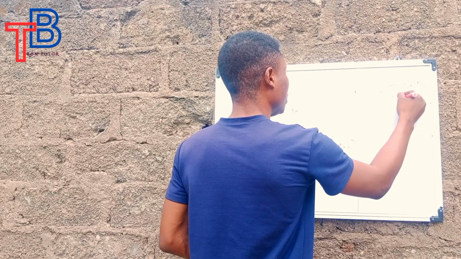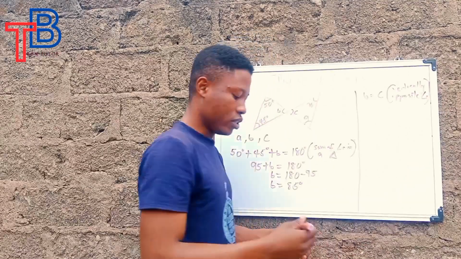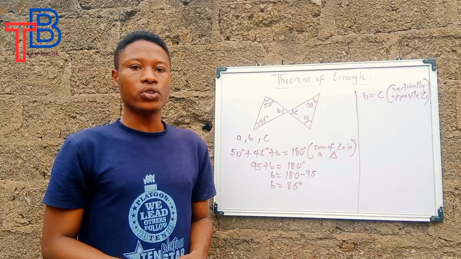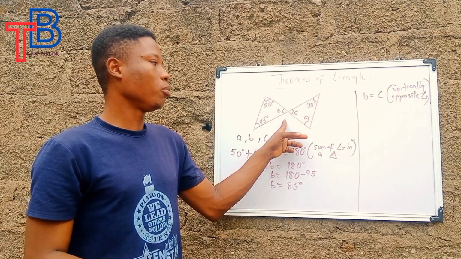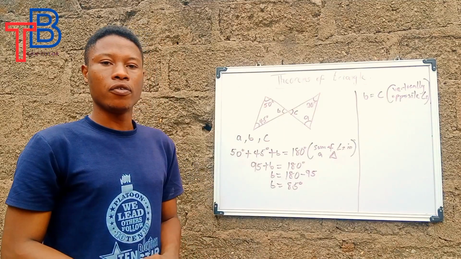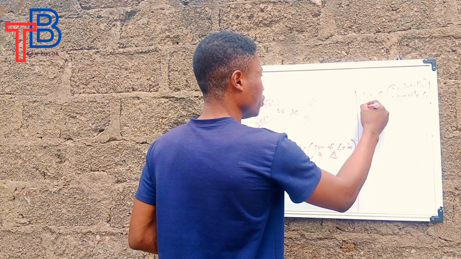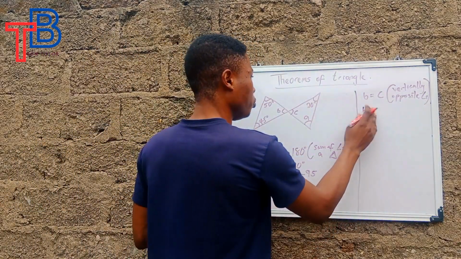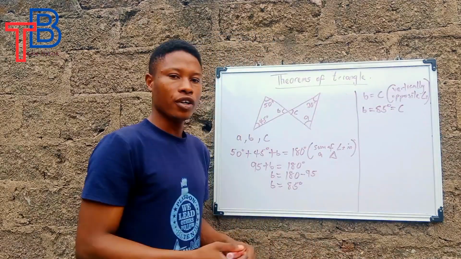They are vertically opposite angles. And we said vertically opposite angles are equal, which means whatever the value of my b will also be equal to the value of my c, which means your b is equal to 85 degrees, which equals your c.